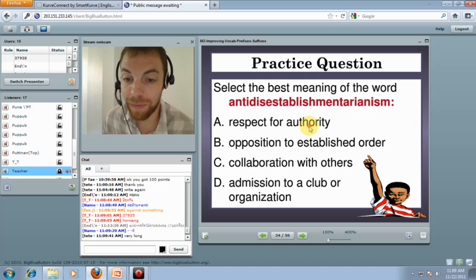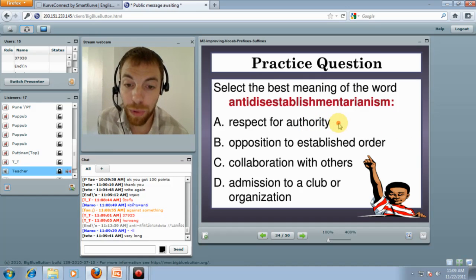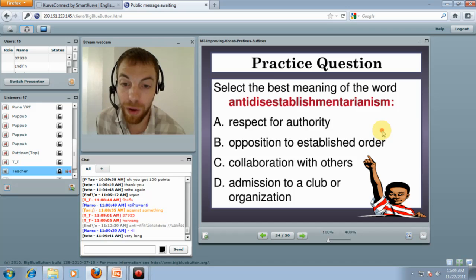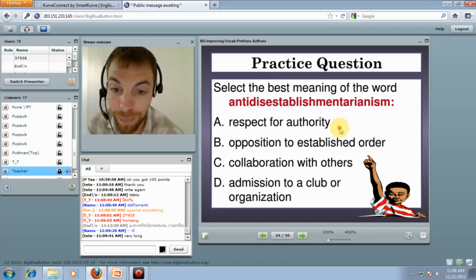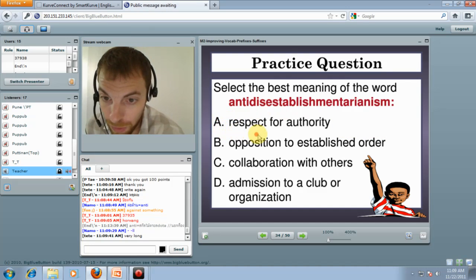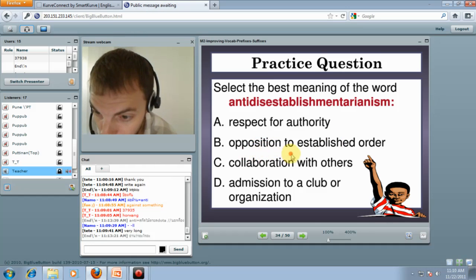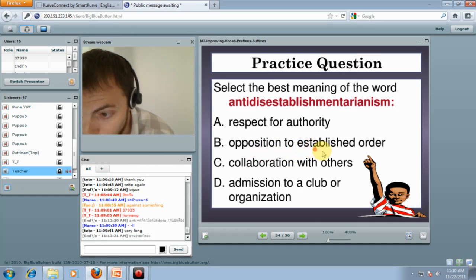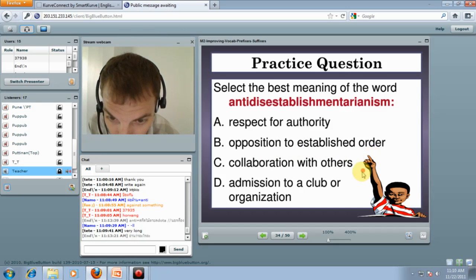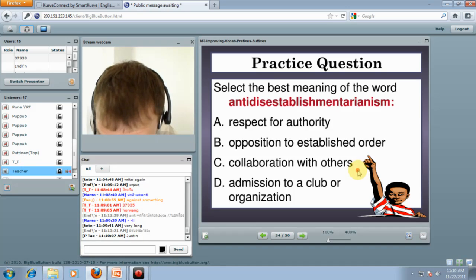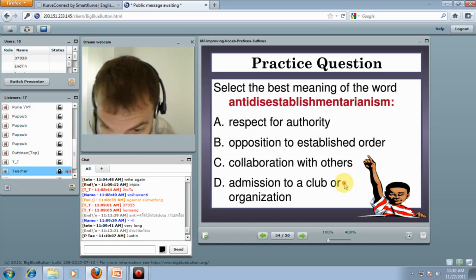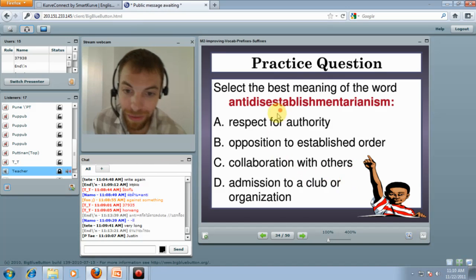Let's look at the prefixes and see if we can think about what it means. So A, respect for authority. B, opposition to established order. C, collaboration with others. Or D, admission to a club or organization.